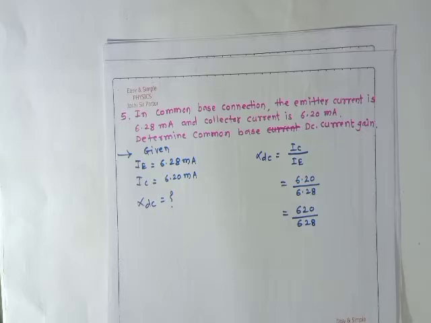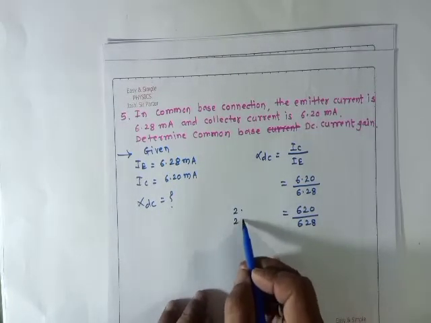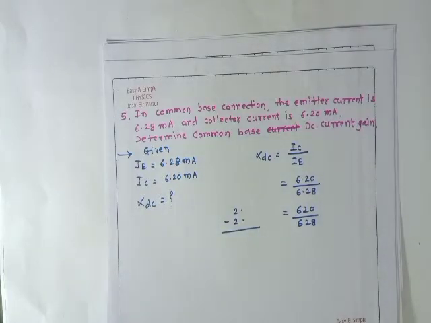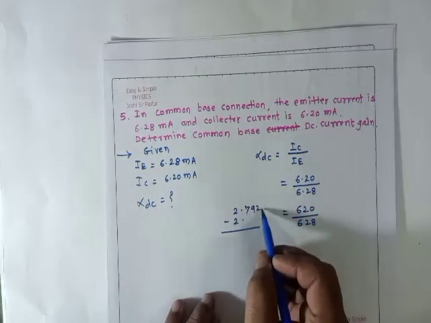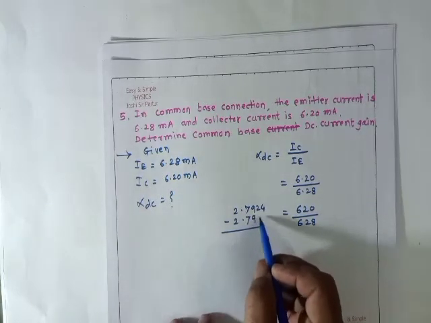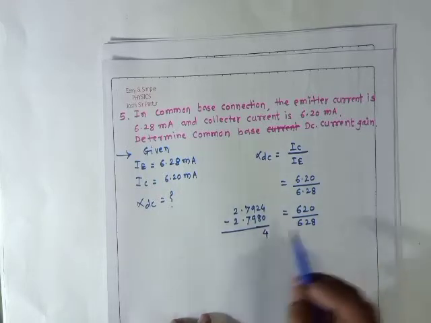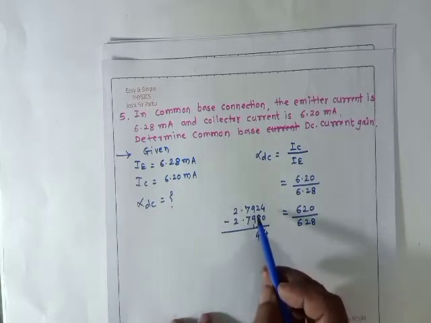If we use logarithm, the characteristic will be 2 bar. Subtraction is there. If we see 62 in 0, that will be 7924. If we see 62 in 8, the logarithm will be 7980. If we subtract, 4 is there, 1 is remaining.